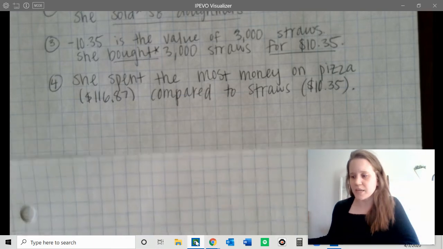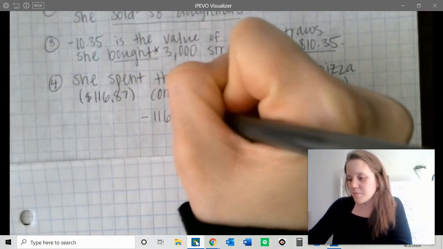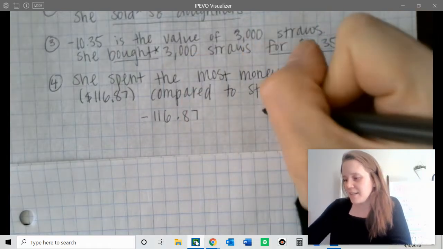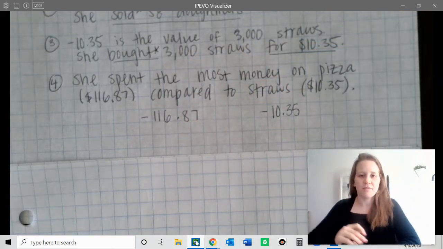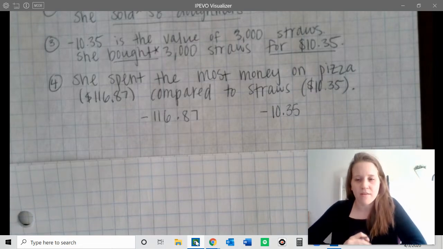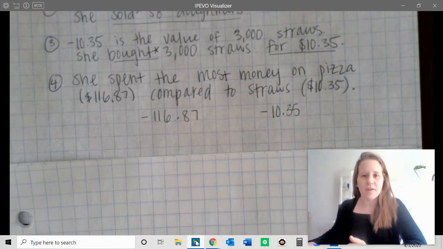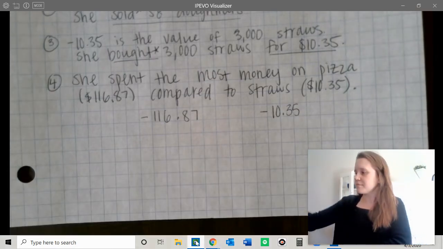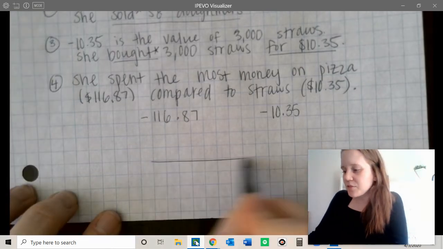That's a great question because often when we compare a number like negative 116.87 and a number like negative 10.35, if I'm being asked to compare the value of those, which of these is less than the other? Our strategy is to draw a number line. Let me do that really quickly.